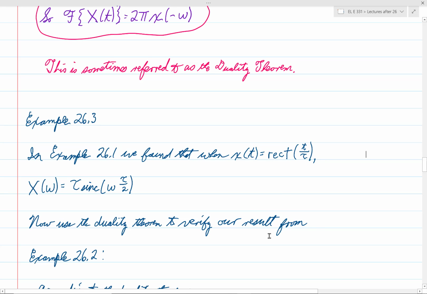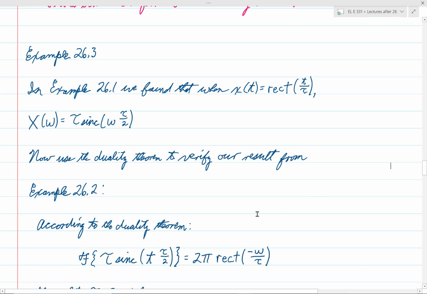And so now we're going to use the duality theorem, which is right here, to verify our result from example 26.2. Okay, so using this function as little x of t, and using this function as capital X of omega, we're going to plug that into this duality theorem.